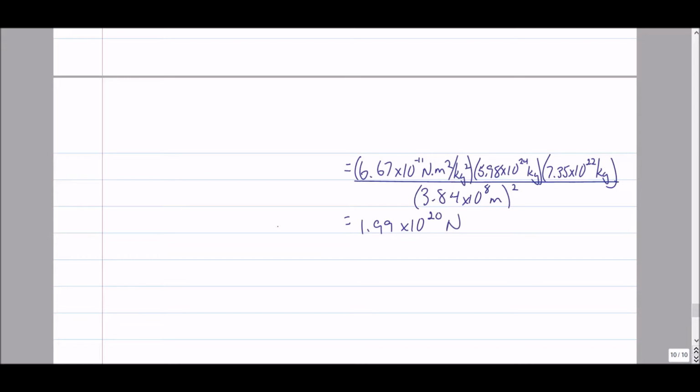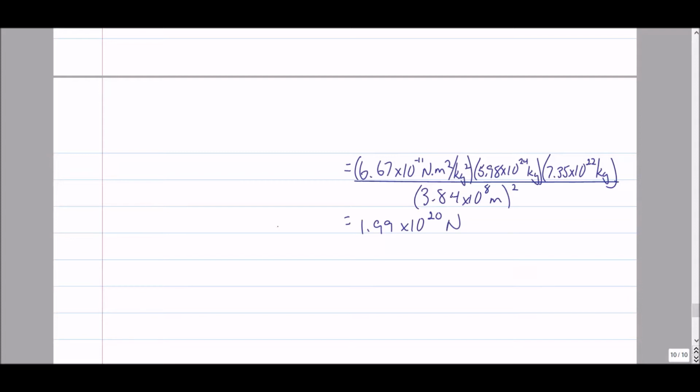So now we can see that while it's a relatively weak force in the grand scheme of things, provided enough mass is at play here, we can have considerable forces. Of course, we would require a considerable force to hold that giant space rock, the moon, in orbit around the Earth.